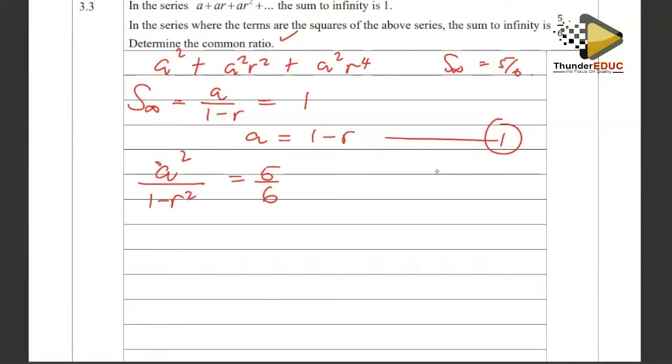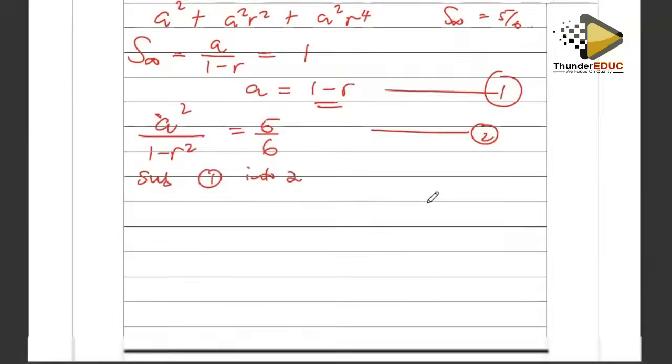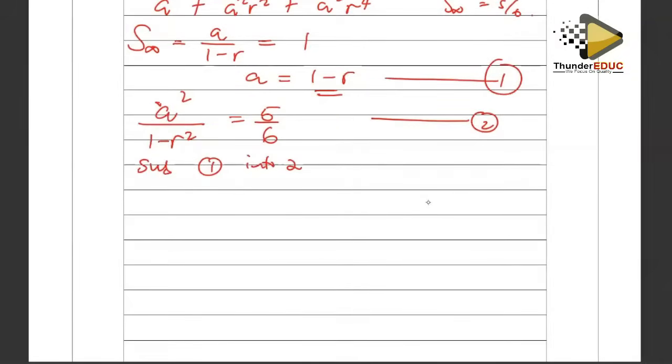But our a is this, because this is now equation 2. So you're going to substitute equation 1 into equation 2. Okay? Meaning that it's 1 minus r, everything is squared, over 1 minus r squared gives us 5 over 6.